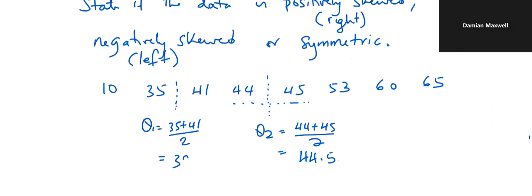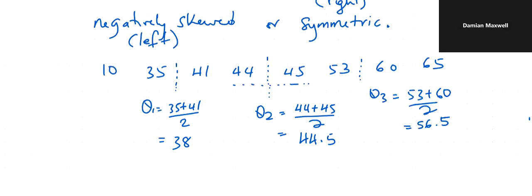And likewise Q3, the average of these two: 53 plus 60 divided by 2, what do we get? 56.5. Yes, 56.5, Q3. So that's if you use the manual method. That would be the best estimate.